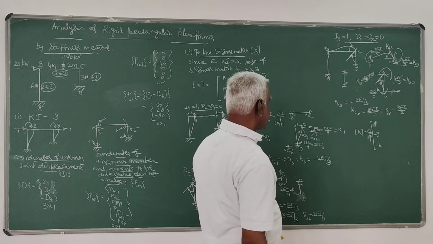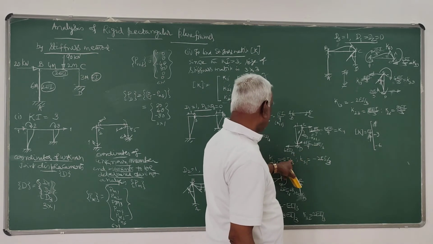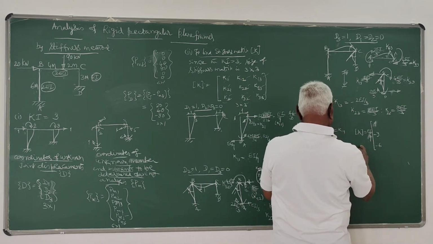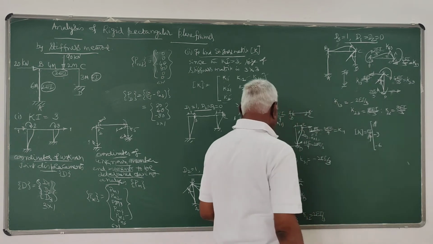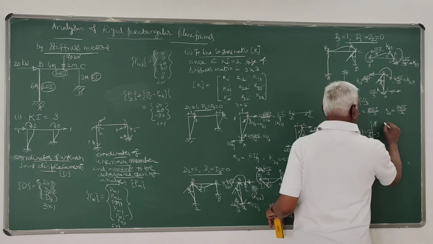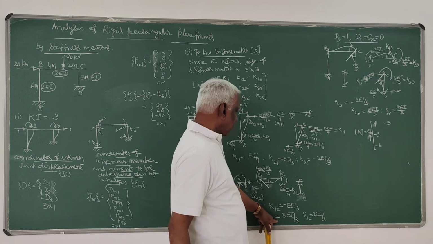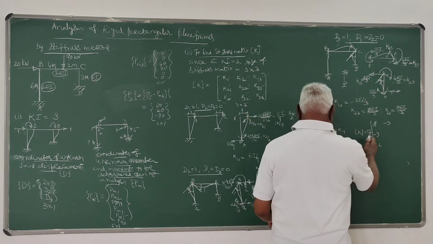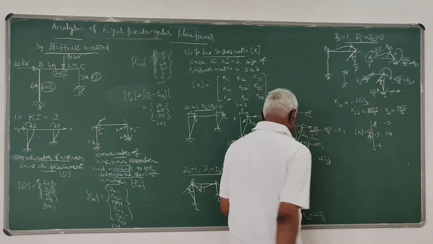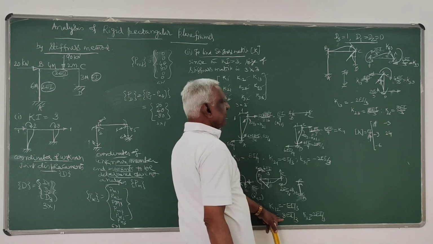K31. Next, K32 is 2EI by 3. EI by 9 is taken outside, so this is 6. Then K12 is minus EI by 3; EI by 9 taken outside, so this is minus 3. K22 is 8EI by 3; EI by 9 taken outside, so this will be 24, because 24 into EI by 9 is 8EI by 3.